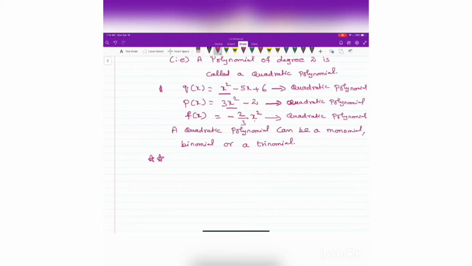Okay. The second important point. In general, how to write any quadratic polynomial? See here.